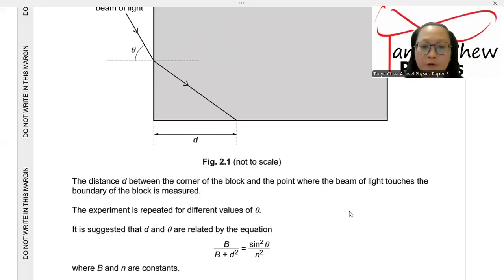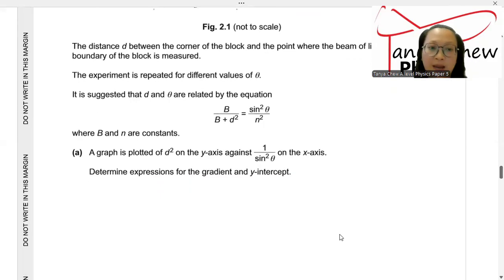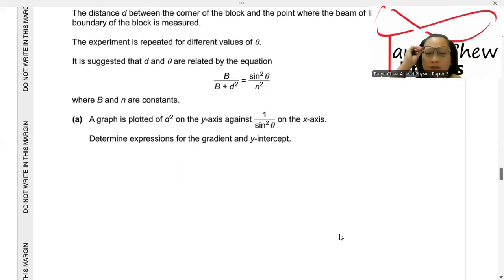The experiment is repeated for different values of theta, and it is suggested that d and theta are related by the equation given, where b and n are constants. A graph is plotted of d squared on the y-axis against 1 over sine squared theta on the x-axis. Determine expressions for the gradient and y-intercept.